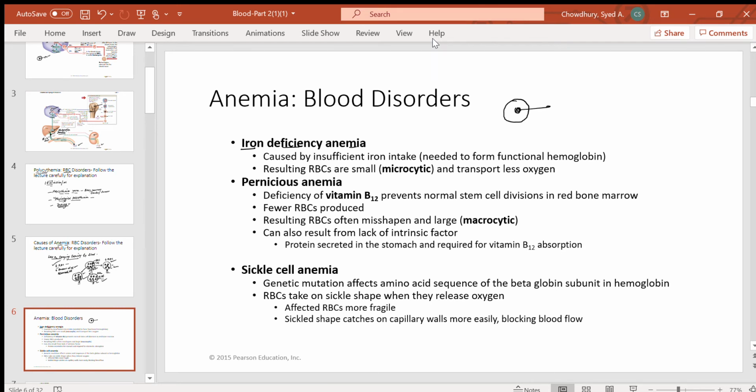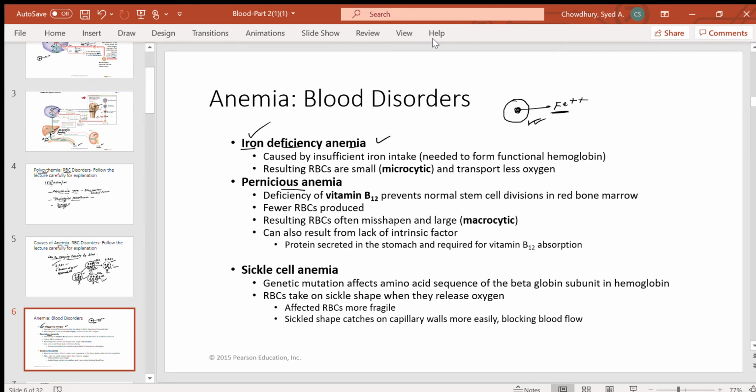So if the iron in the body is less for some reason, you are not getting enough iron from outside, then this heme will not be able to transport enough oxygen. Make sense? So that is iron deficiency anemia, because iron is an important part of heme. That means hemoglobin. Okay, so that is one reason. In that case, the person will be asked to take more iron-rich food to compensate that loss of or lack of iron.